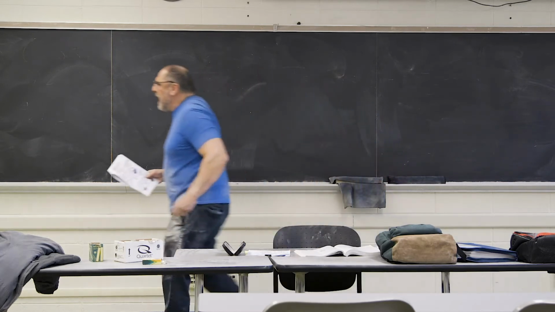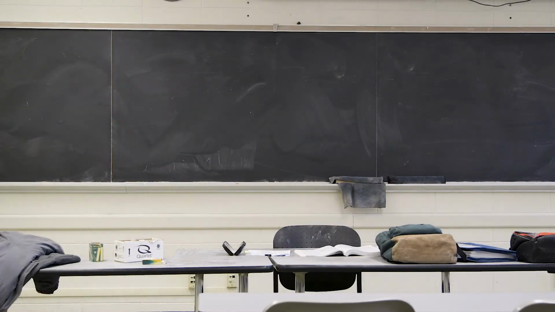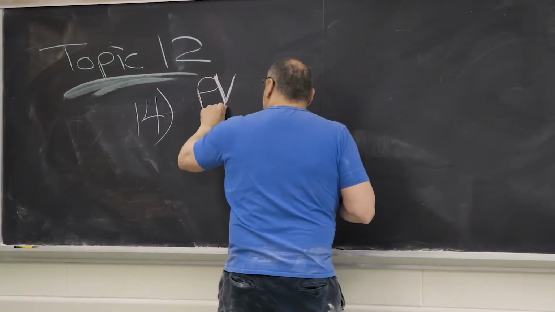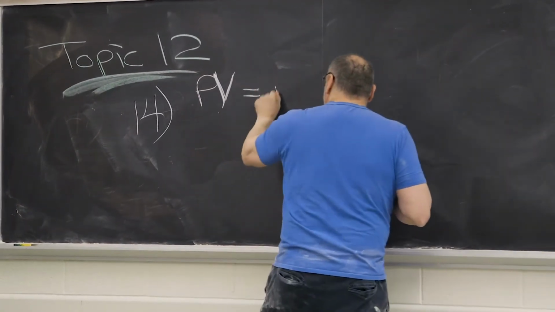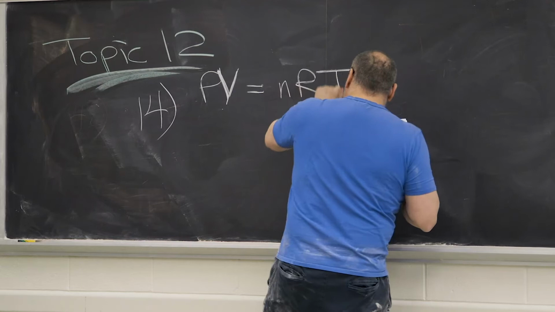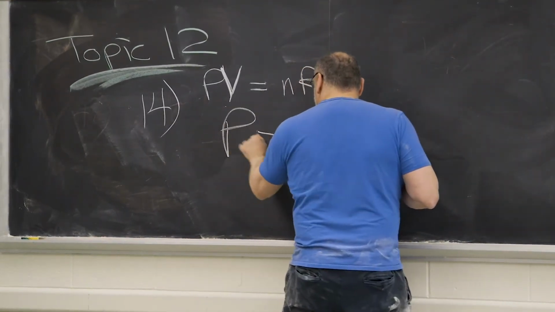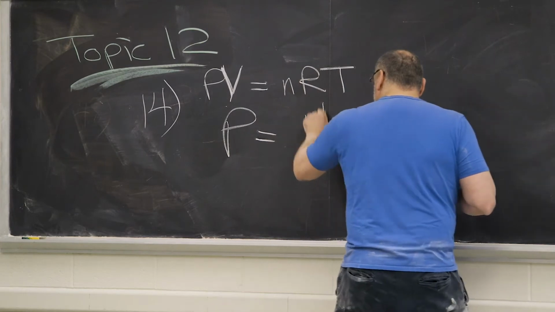So what we got here, sorry about that, guys. You've got PV equals nRT. If you divide by V on each side, you are done.